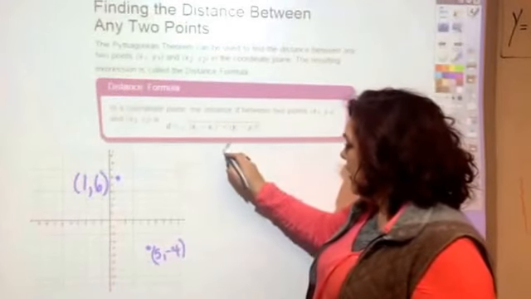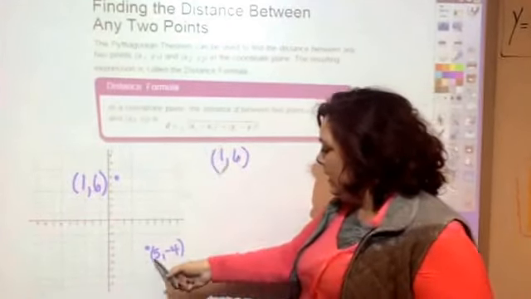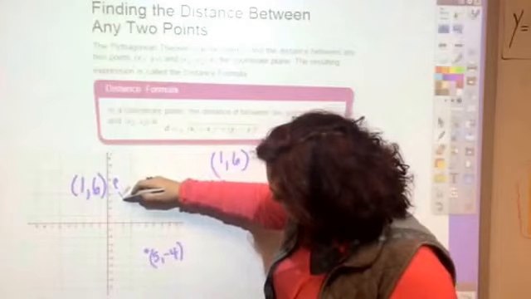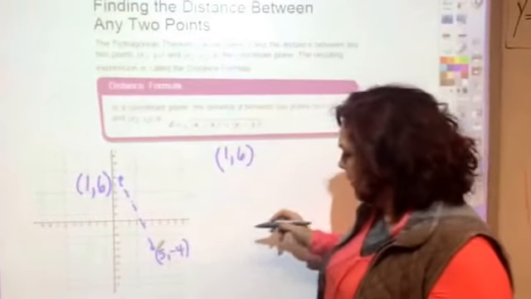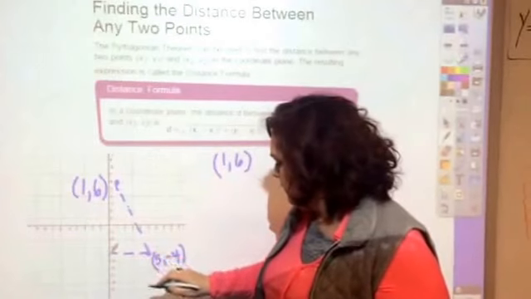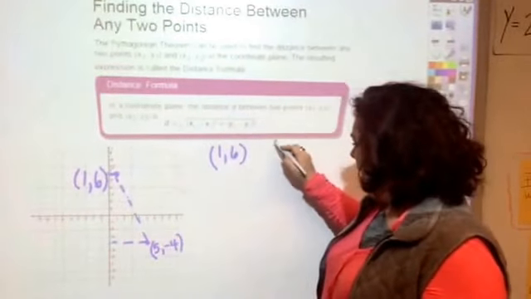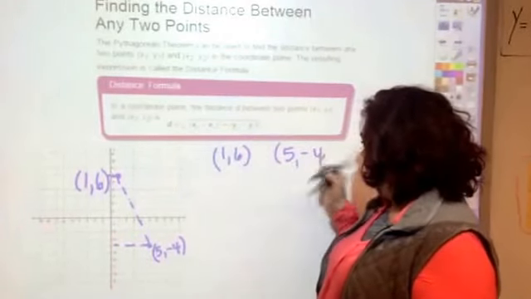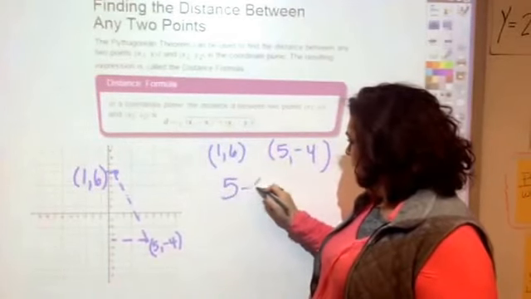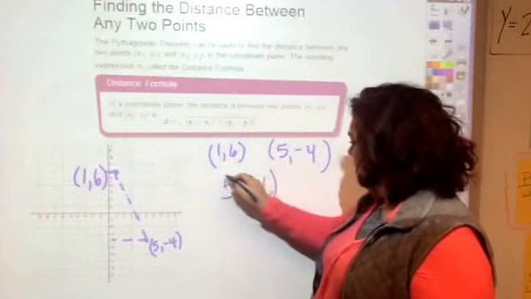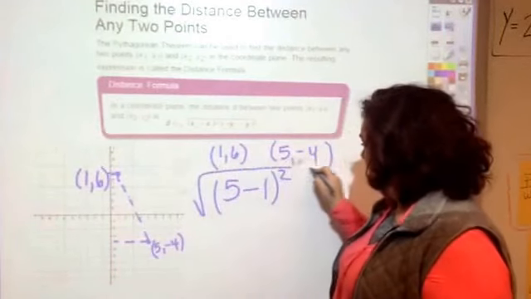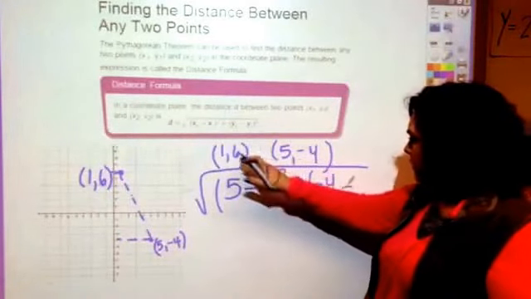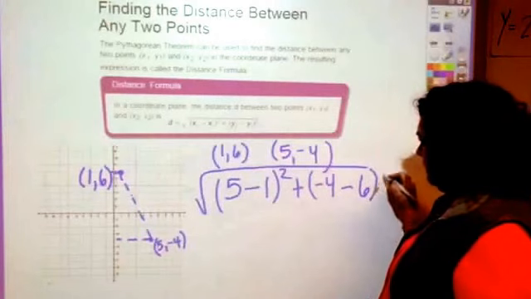So if we have points 1, 6 and 5, -4, and we want to find this distance, okay? So I have x2, 5, minus x1, 1, and that would be squared, and this would all be the square root, plus y2 minus y1 squared.